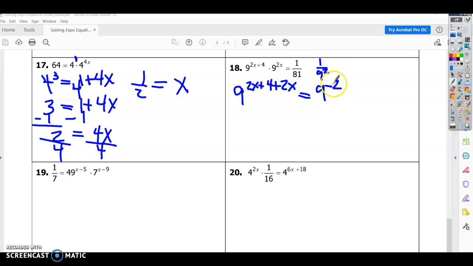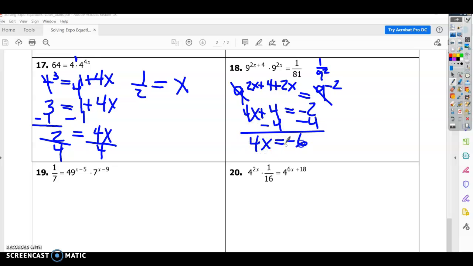And again, this is properties of exponents, so just review those properties. I know that's a Math 2 standard, but it is something that you have to be familiar with here as well. All right, once we get the same base, we're going to have 2x, and 2x is 4x plus 4 equals -2. Subtract 4. 4x equals -6. Divide by 4. And x equals -6 over 4 reduces to -3 over 2.